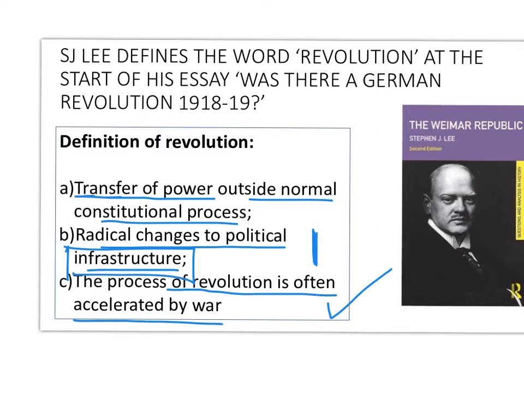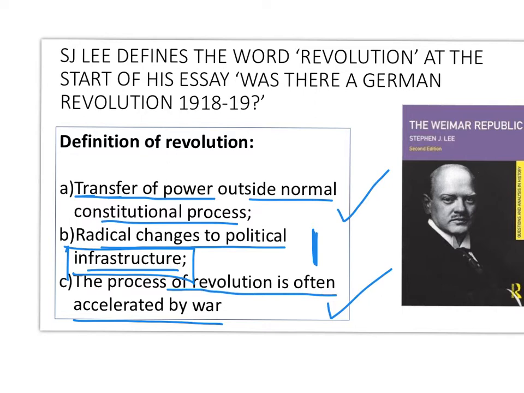And you could also argue that the change happened outside normal constitutional process. The declaration of the Republic was largely because of the influence of the mob, as we saw Scheidemann making a declaration. The decision was made outside the Constituent Assembly, which hadn't actually met to make that decision.